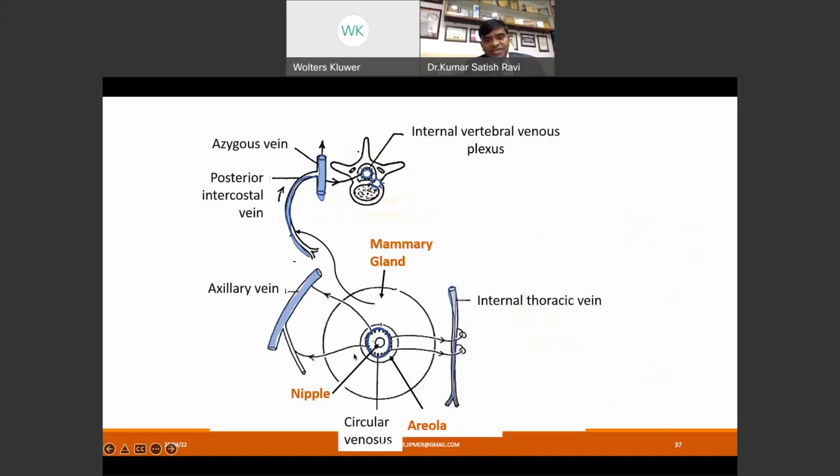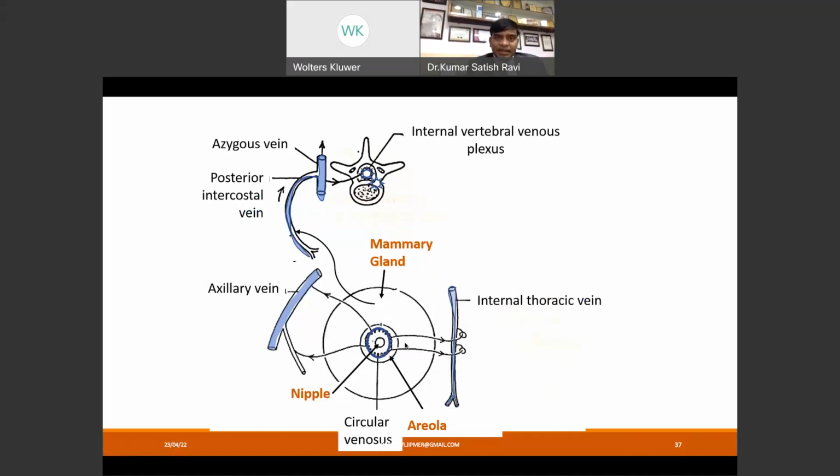Over here you can appreciate in this diagram, they form a venous circle, right? From there the veins will run in the superficial and the deep set. Over here you can appreciate. So it forms two sets. One is the superficial and another is the deep set.